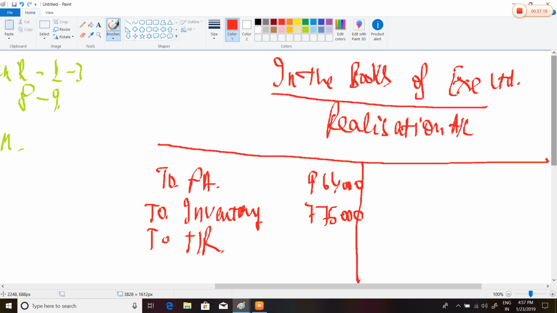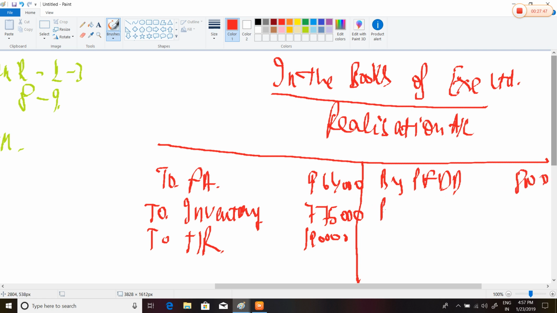It's 1,60,000 plus 30,000, 1,90,000. By provision for doubtful debts, bad and doubtful debts, it's rupees 8,000.